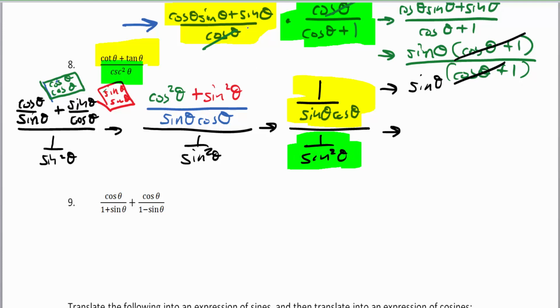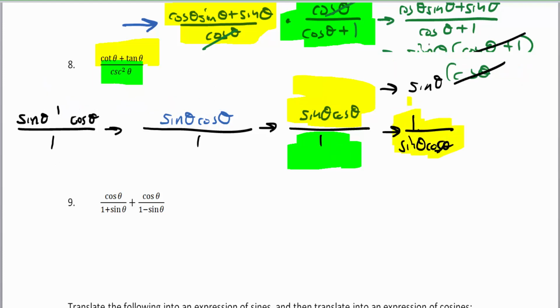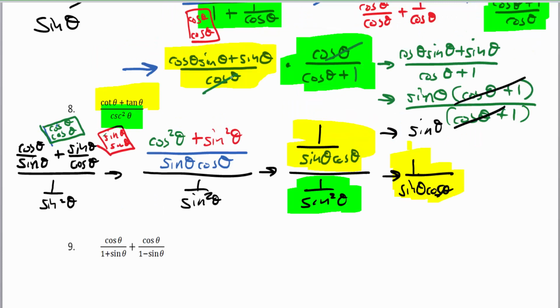So we're going to take our 1 over sine theta cosine theta. That's our numerator in yellow, just so you don't lose track of it. Oh no! This is where Microsoft is saying too much on the screen. Let's see if I can get it to, okay, there we go.